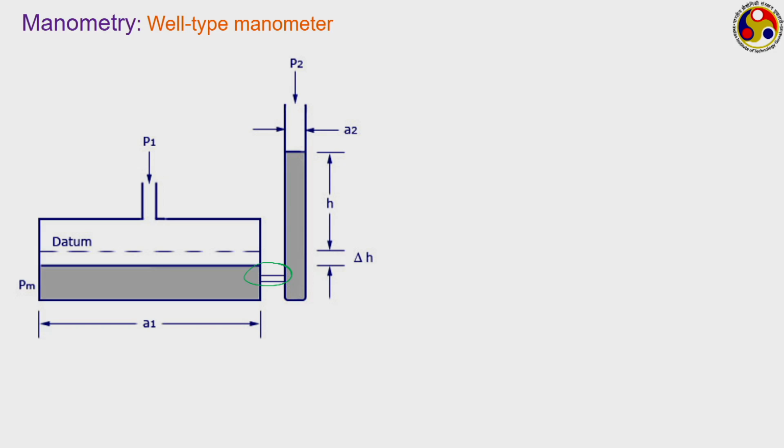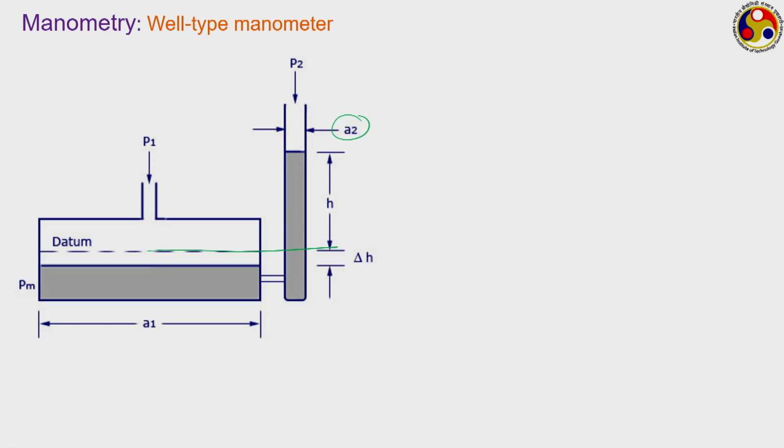Let us say the tank has a cross section area of A1, and the cylinder has a cross section area of A2. This datum is the initial level of fluid in both the tank and the cylinder when both are at equal pressure. Now, we impose a pressure P1 on the tank and a pressure P2 on the cylinder.